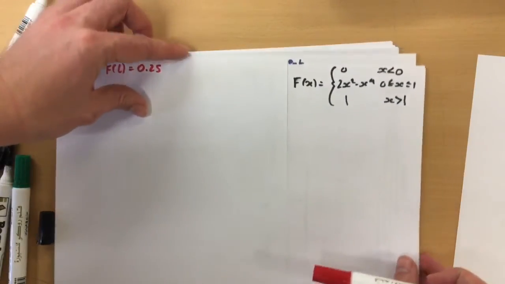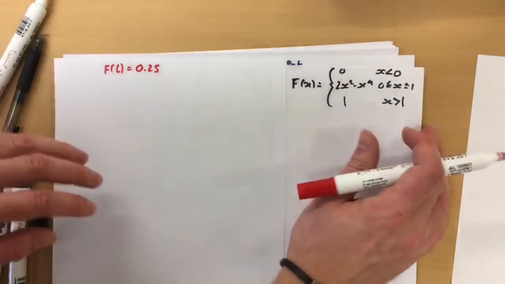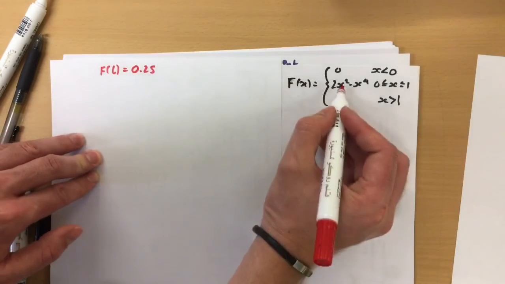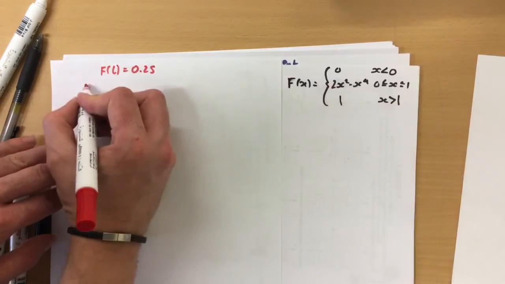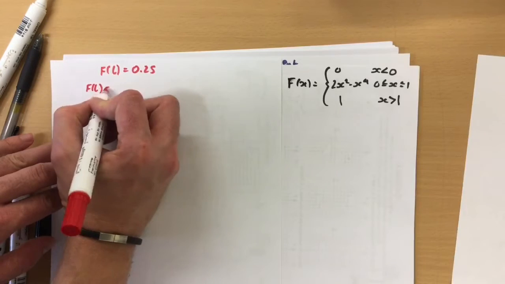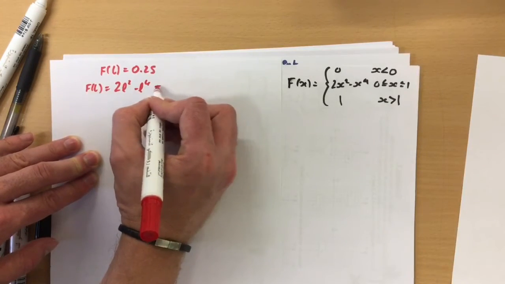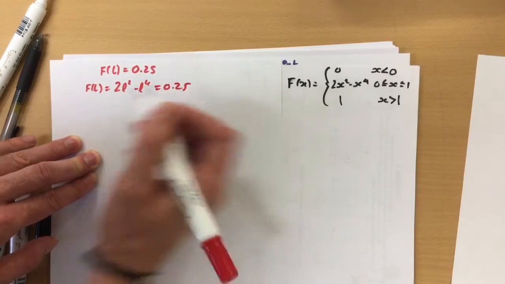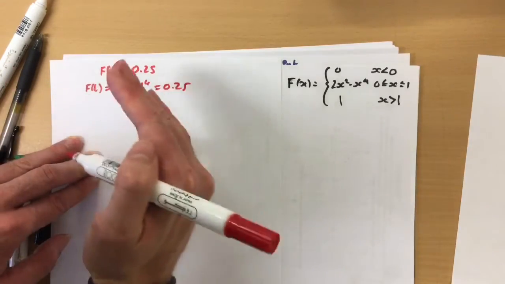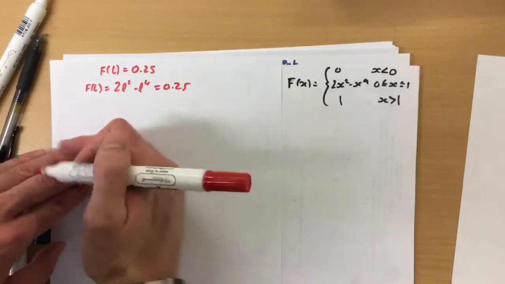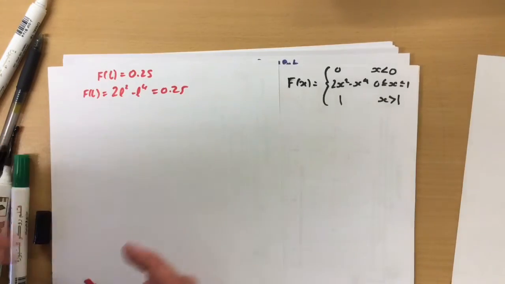Now, we know our function here. So I'm going to substitute x for an L: 2L squared minus L to the 4, and when that equals 0.25, that would have been where we've reached our lower quartile, when we've added up 0.25 of the graph.